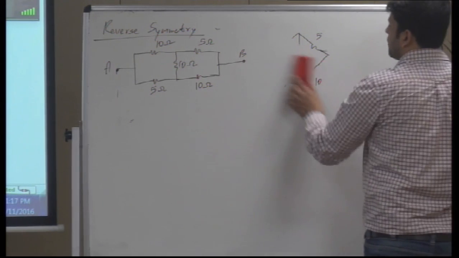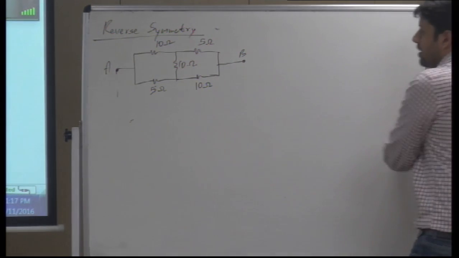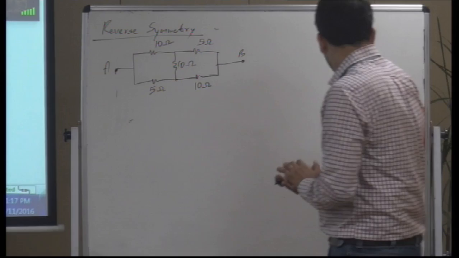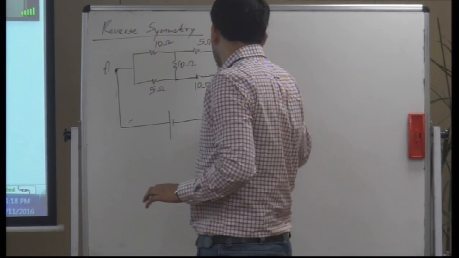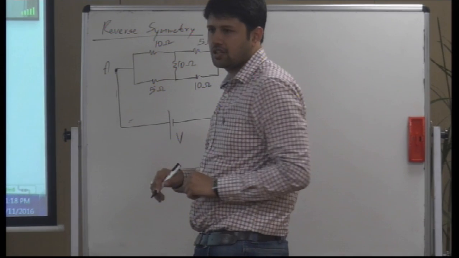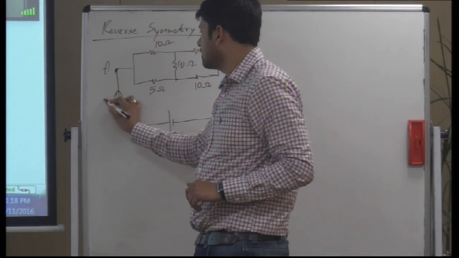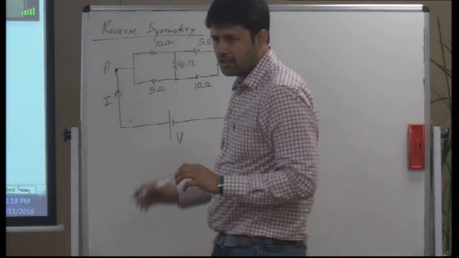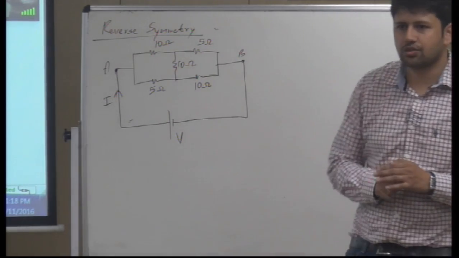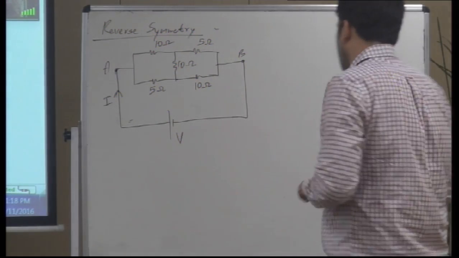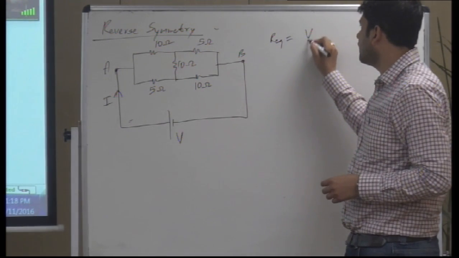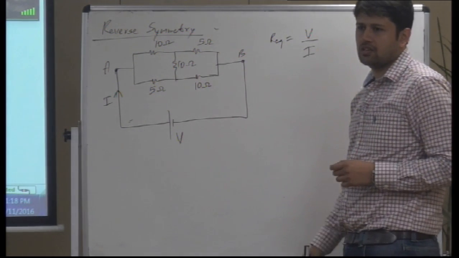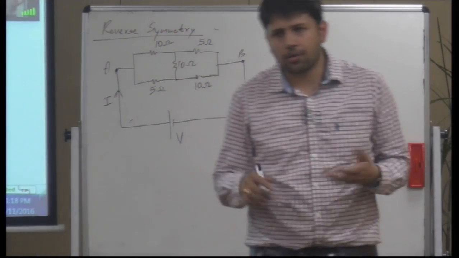So how do we approach this kind of problem? What is the symmetry in this case? Let's say I connect some voltage source V, and it supplies current I. We already know that the equivalent resistance will always be V by I, voltage upon current.